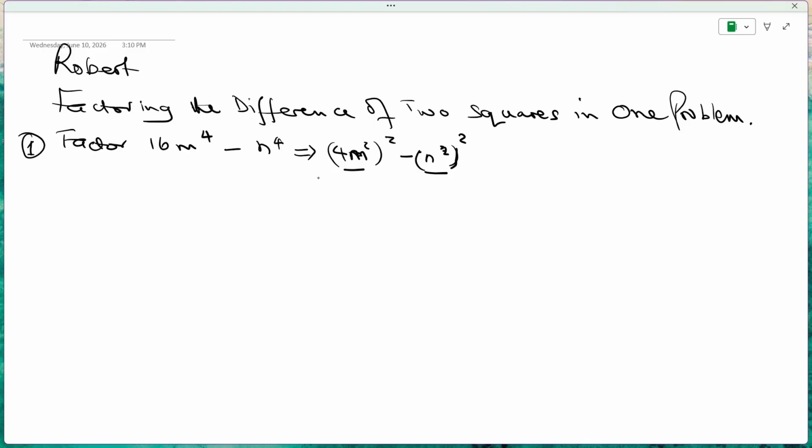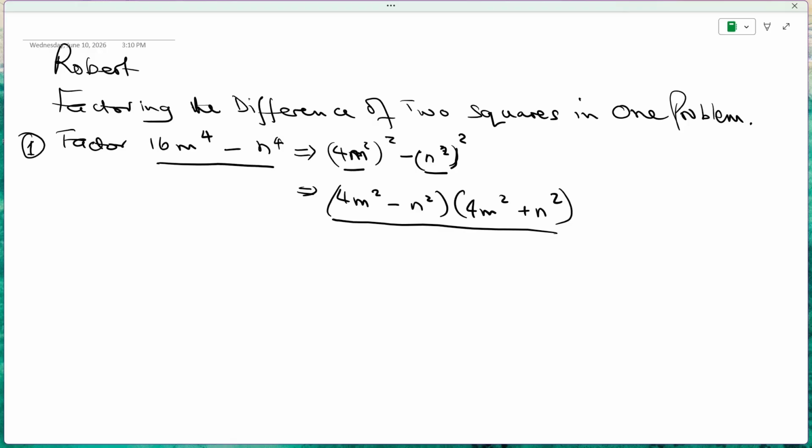For example, this will become 4m squared minus n squared, all multiplied by 4m squared plus n squared. When you multiply out these conjugate expressions, we get back our initial expression.